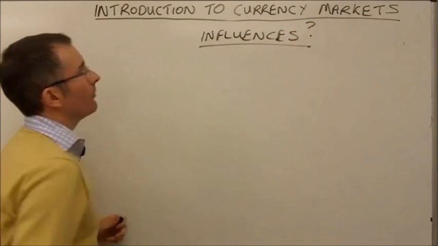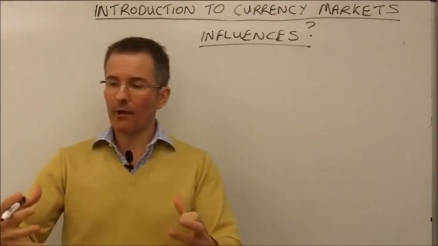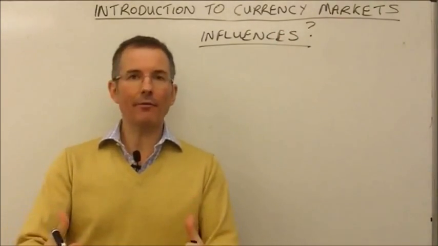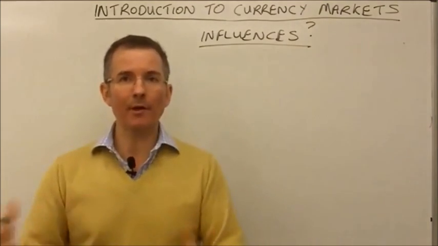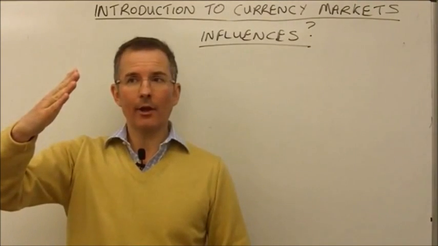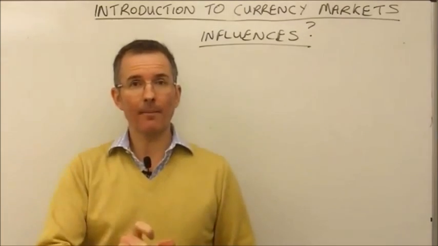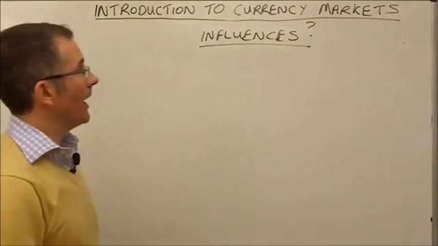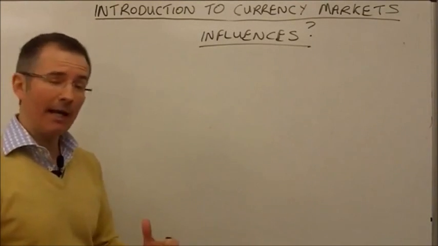So what are the influences on a currency pair? So for example, that last one, what's going to change that rate from say 1.55 something to either 1.90 something or 1.25? What's going to move that around? What's going to make sterling strengthen, rise, or the dollar weaken, fall, or vice versa? Now, the answer is complicated. You can write an economics degree on this stuff, but there are some key influences. We can break it down.